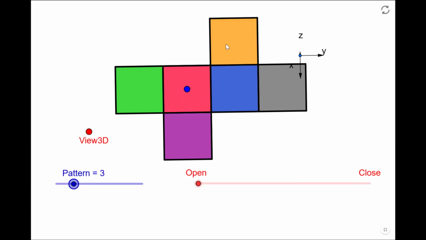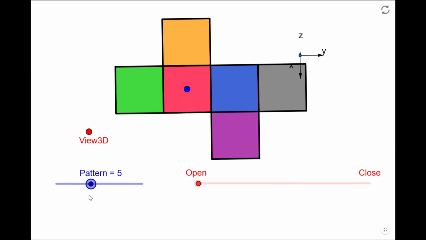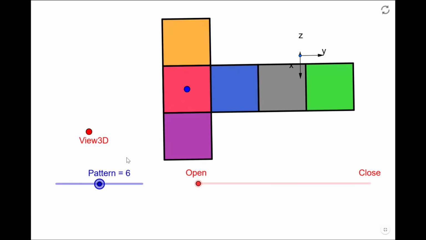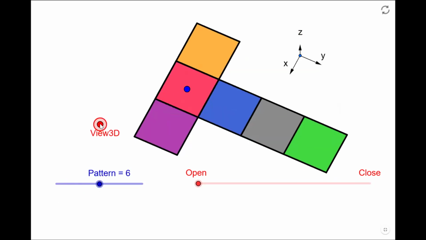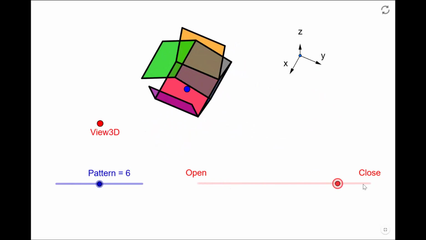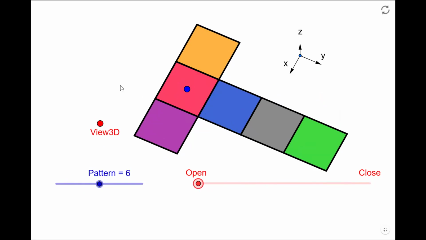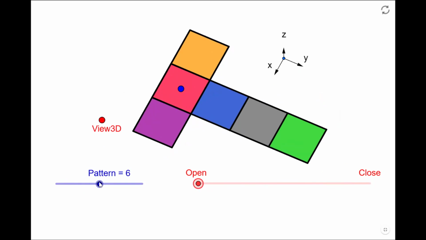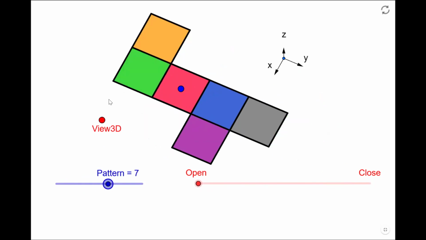You can move the upper square right and left or the lower square right and left. You can find a T shape for the possible net of the cube. Look how it's closed or unfolded.